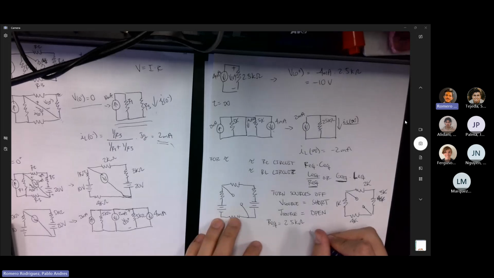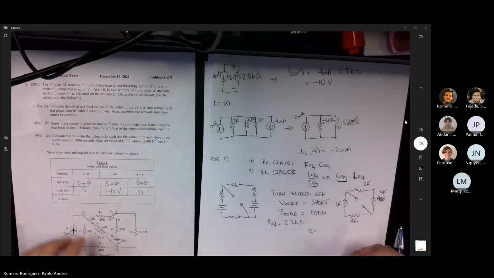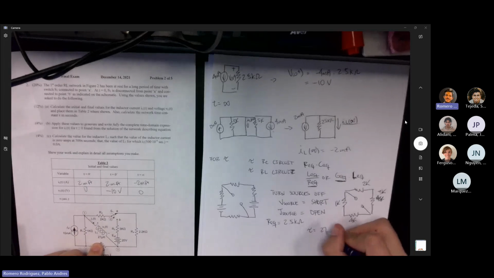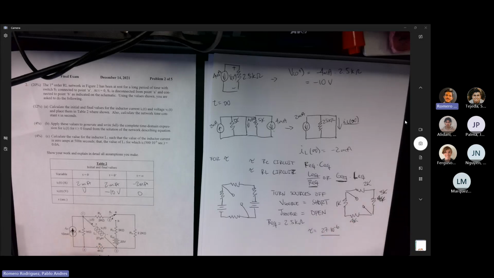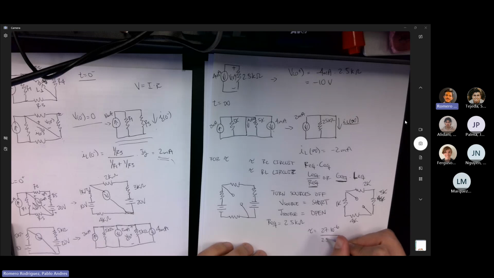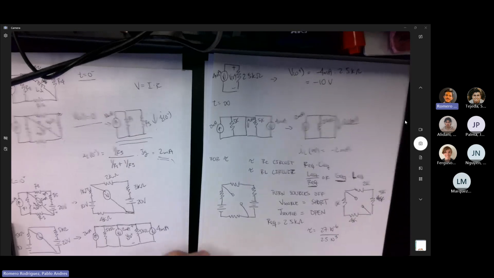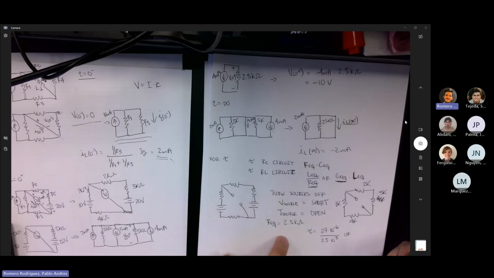But either I use this here or I use this here, whichever you want. So tau is either going to be whatever the value of that inductor is, which is 27 microhenries. So it's either 27 times 10 to the negative 6 over 2.5 times 10 to the third, right? Or you find whatever that is, one number, and then multiply it.